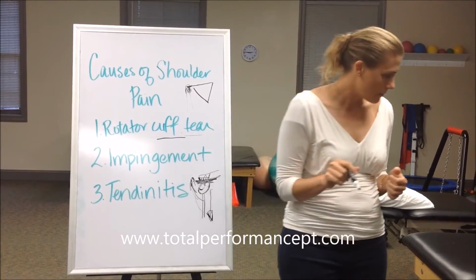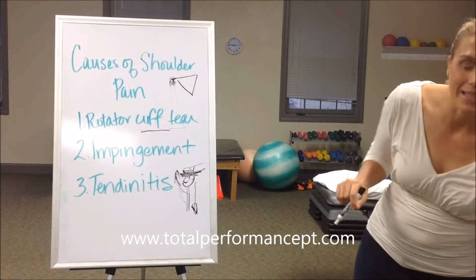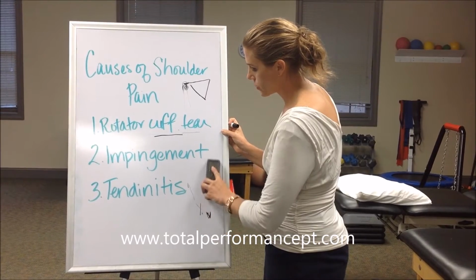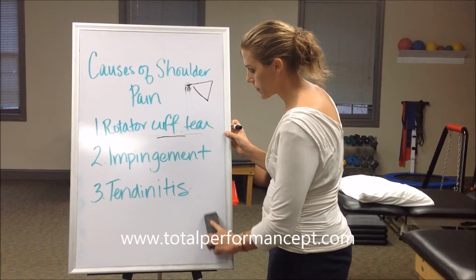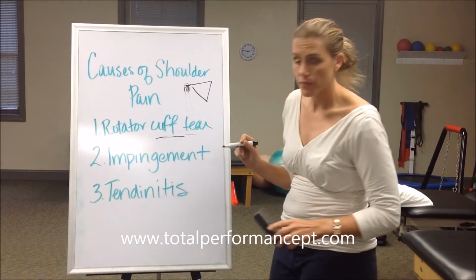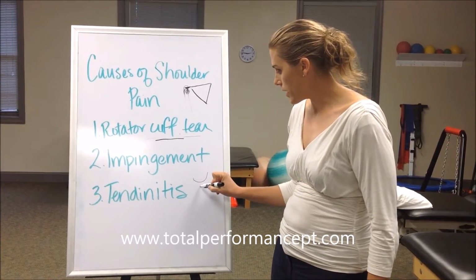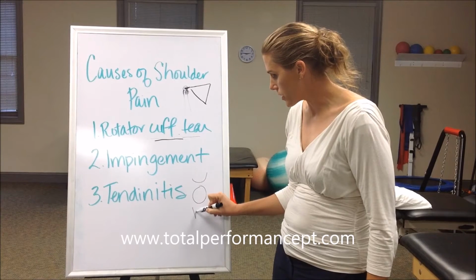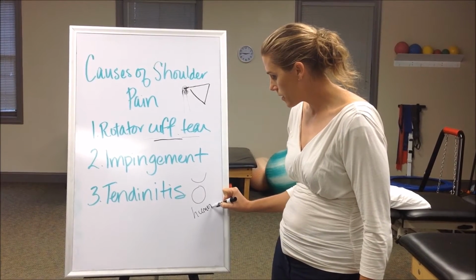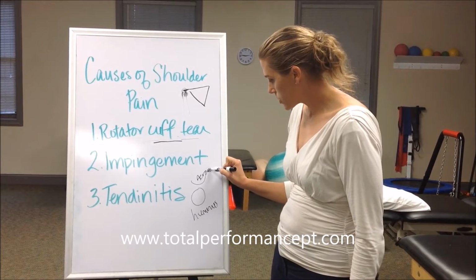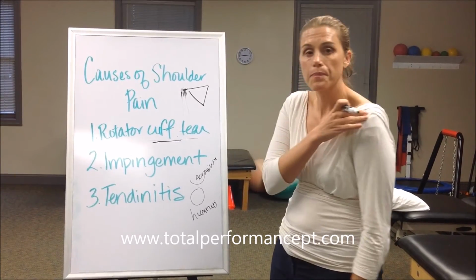So impingement. Impingement is kind of the little sister to the rotator cuff tear. So this bone and this bone, this is your humerus, which is your arm bone, and this is your acromion, which is the top bone on your shoulder.